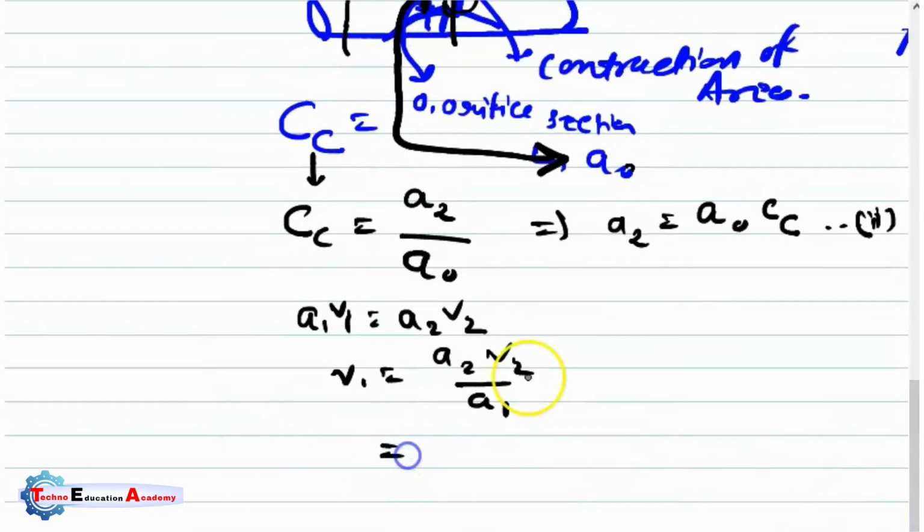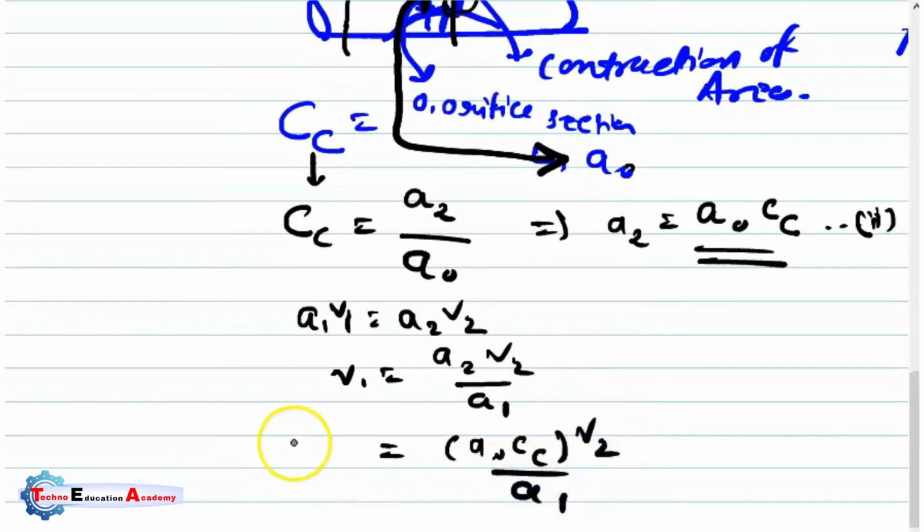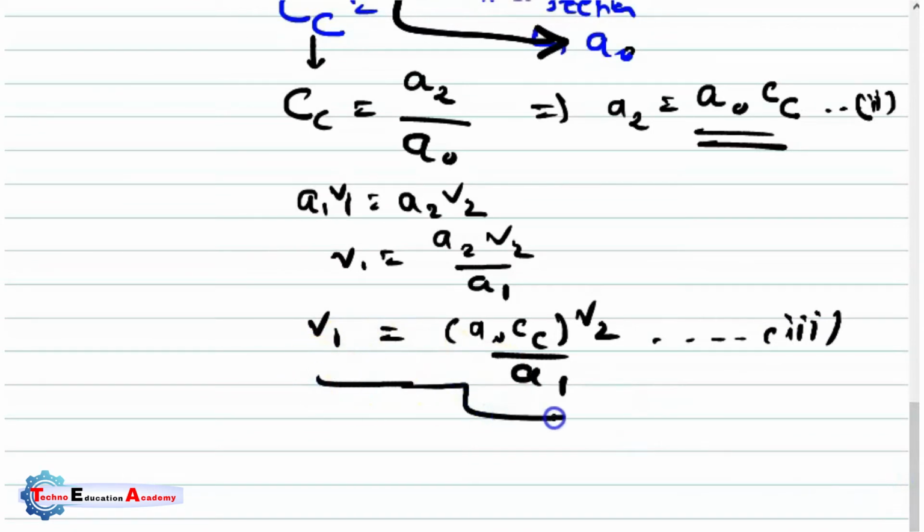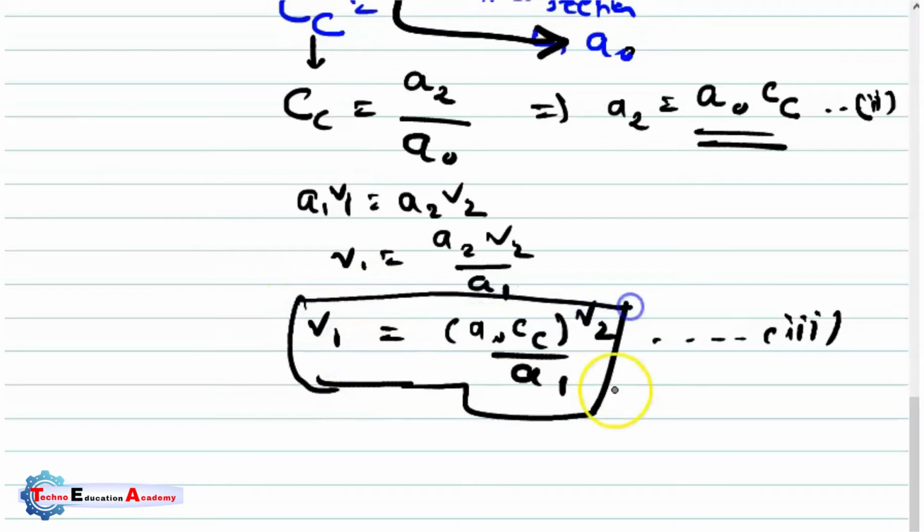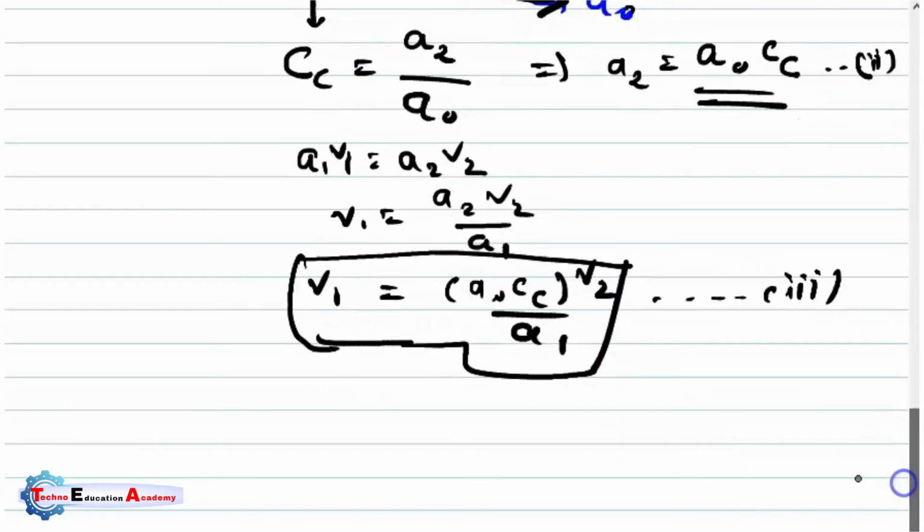Put A2 is equal to A0 Cc in this equation, so V1 is equal to A0 Cc V2 by A1. It is equation number 3. Put the value of V1 from equation number 3 in equation number 1.